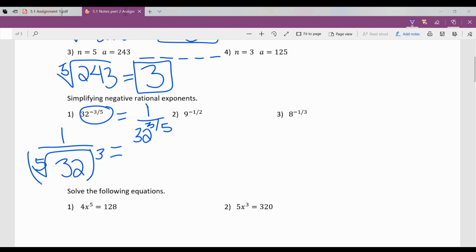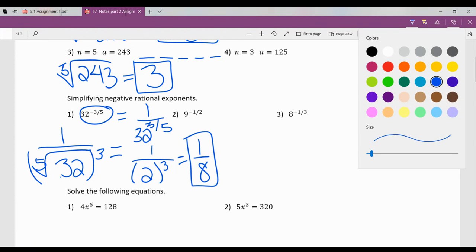So we're going to do the 5th root of 32. So 1 over the 5th root of 32 is 2 raised to the 3rd. So it's going to be 1 over 2 times 2 times 2, 8. Final answer, 1/8.